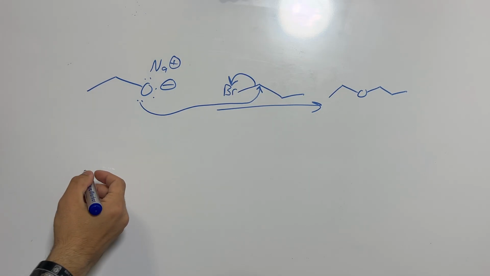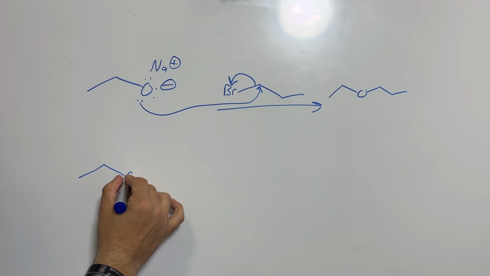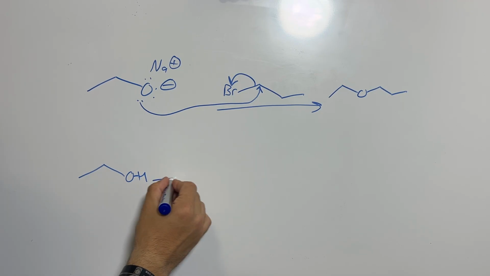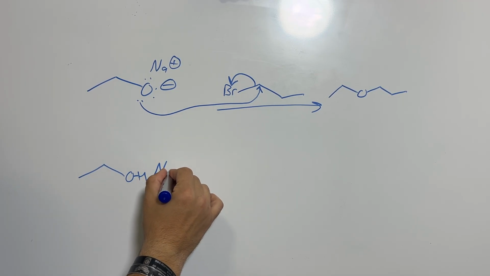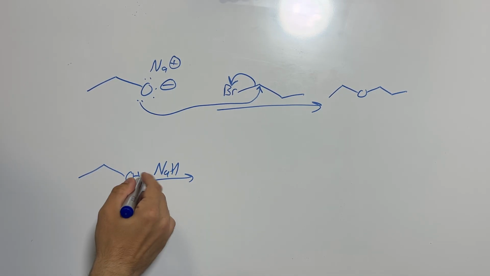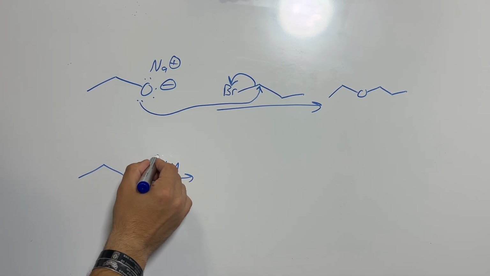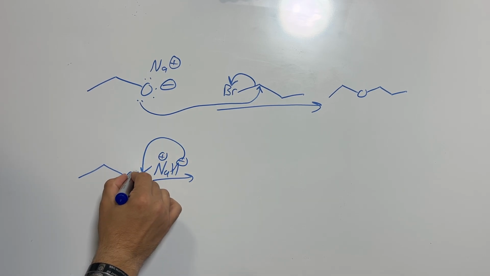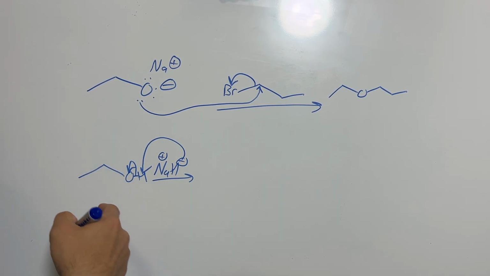You simply take an alcohol like this, and you deprotonate it, say with sodium hydride, which will then remove your alcohol proton, because in sodium hydride, the sodium is a positive charge and the hydrogen has the negative charge. It's going to steal your proton and kick those electrons up onto our oxygen.